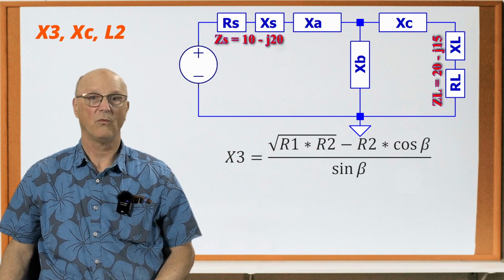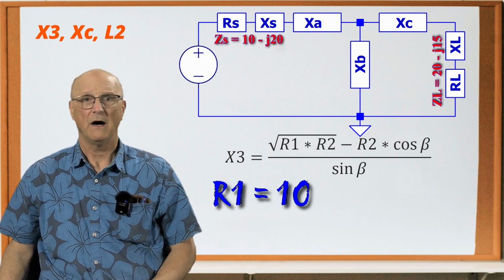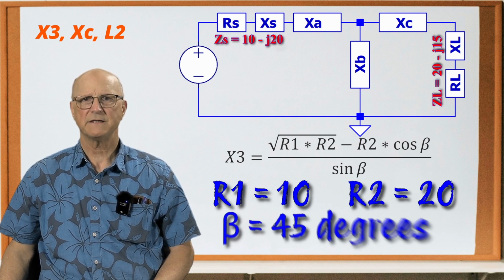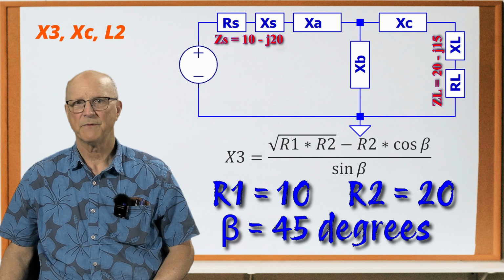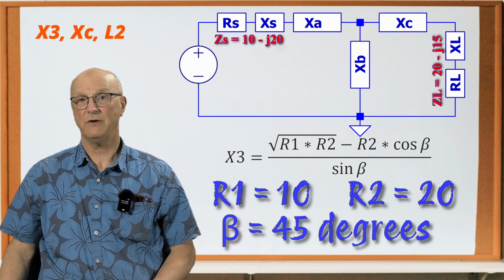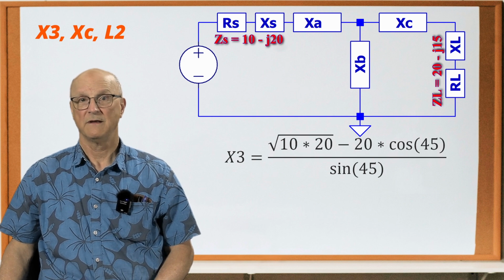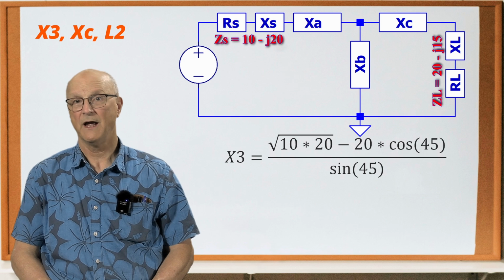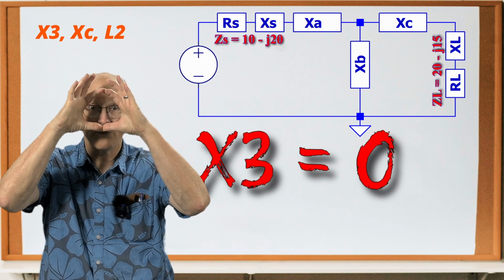And we know that R1 is equal to 10, R2 is equal to 20, the phase angle beta is equal to 45 degrees. And putting these values into our equation for X3, we get this, which gives us the unexpected value of X3 of 0.